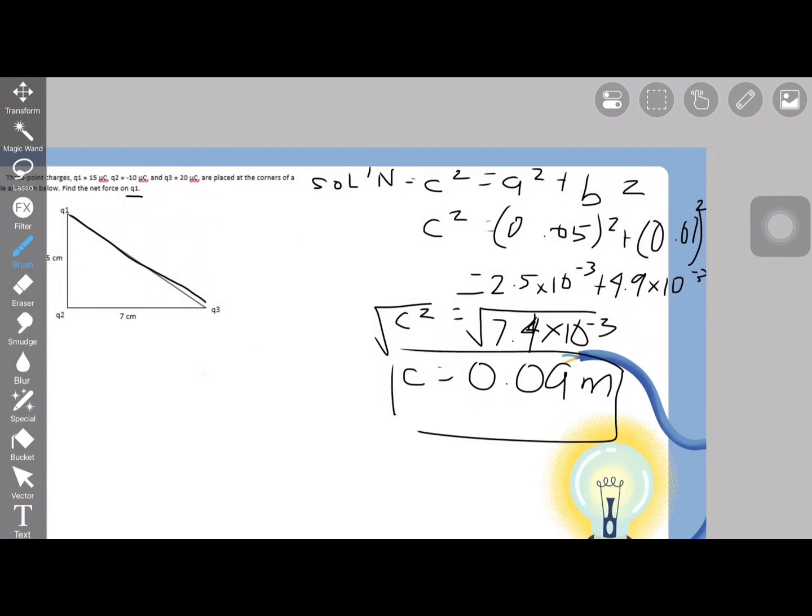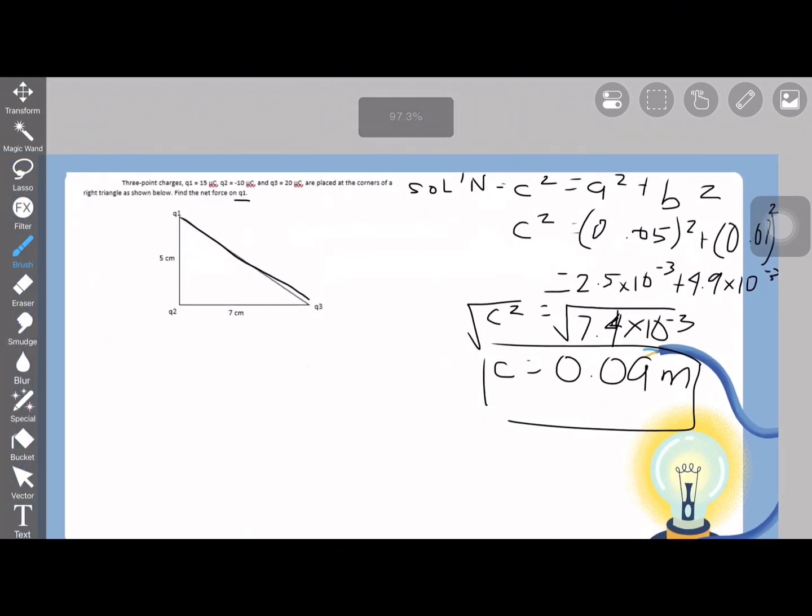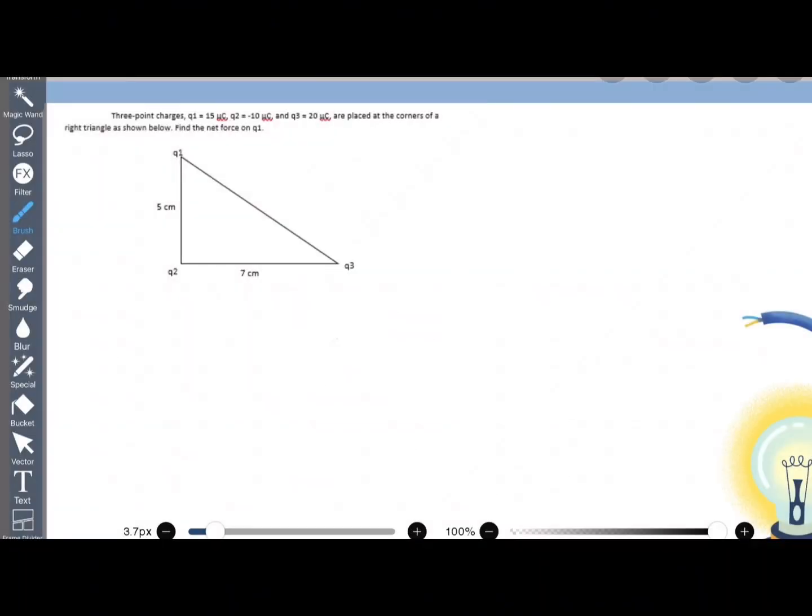So with this, we can now find Q1, or all of the net force on Q1. So meaning all of these. So with this, now that we have the value of this, which is Q3 to Q1, we can have an equation now to answer the net force on the Q1.